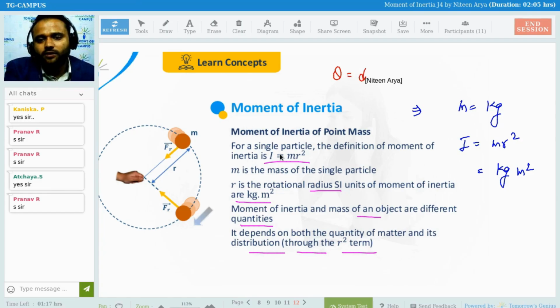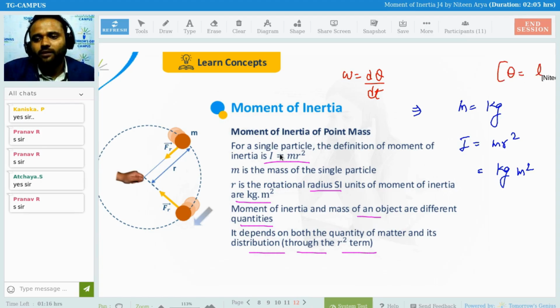Omega is angular velocity, d theta by dt, where theta is a number, or you can say an angle. We define angle as arc length upon radius, so both are in meters, and that is a pure number.